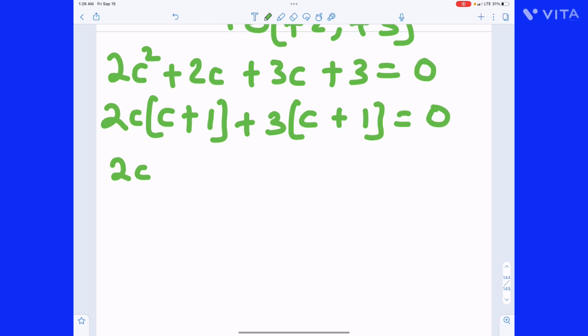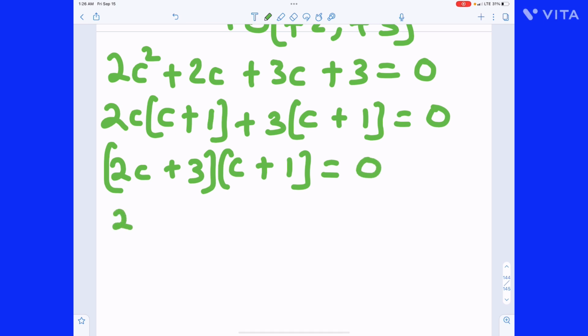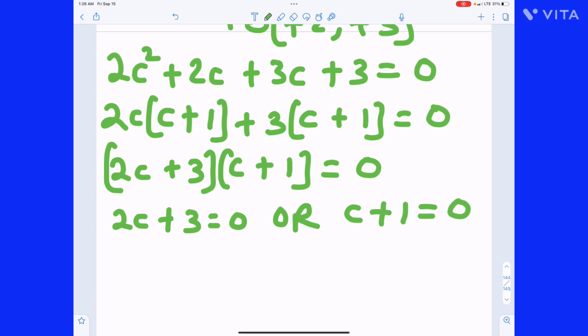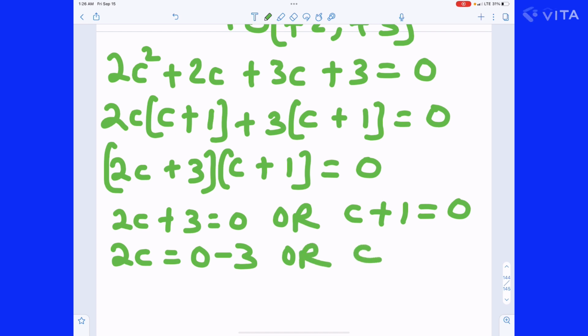So my factors are 2c plus 3 and c plus 1 is 0. 2c plus 3 is 0, or c plus 1 is 0. 2c is 0 minus 3, or c is 0 minus 1.